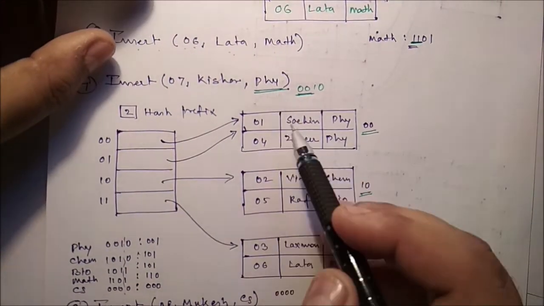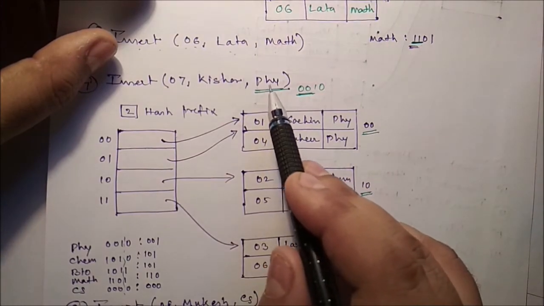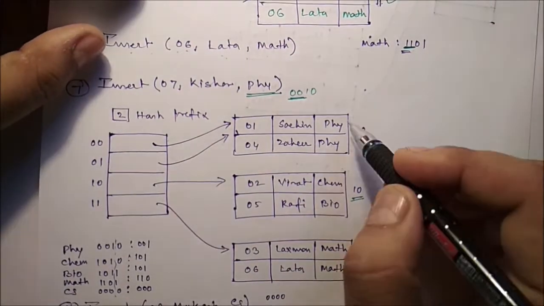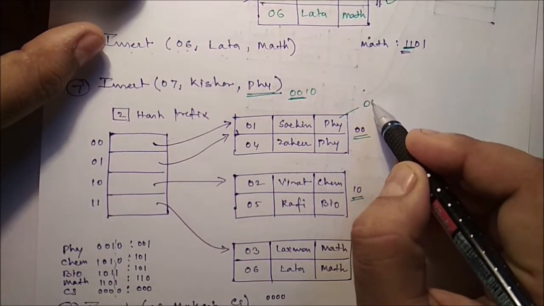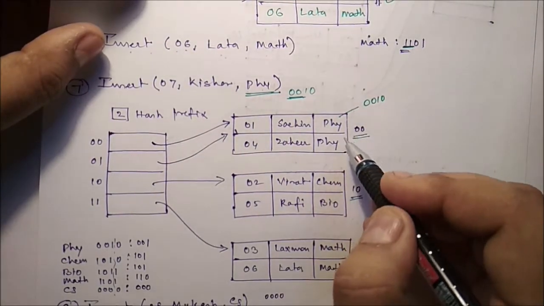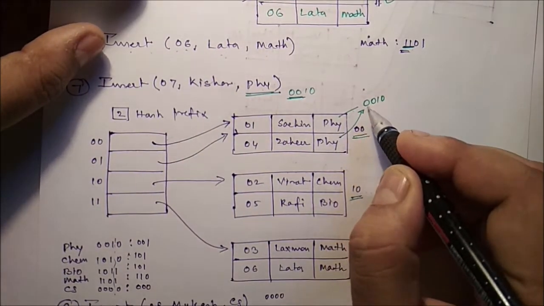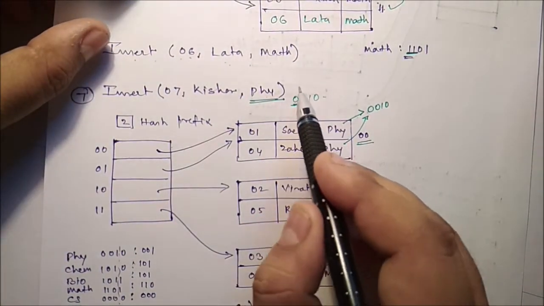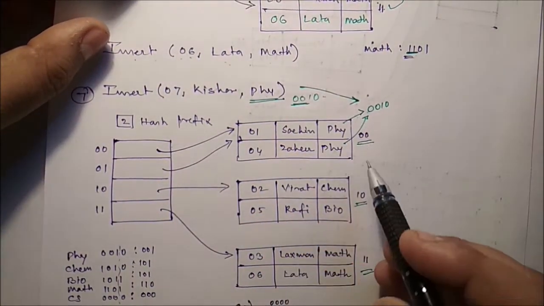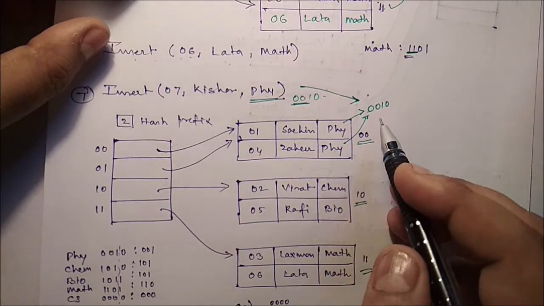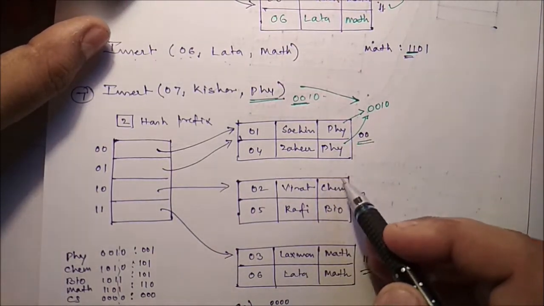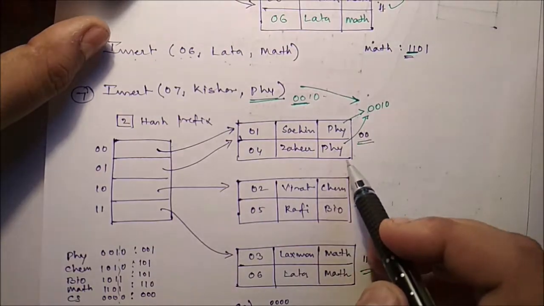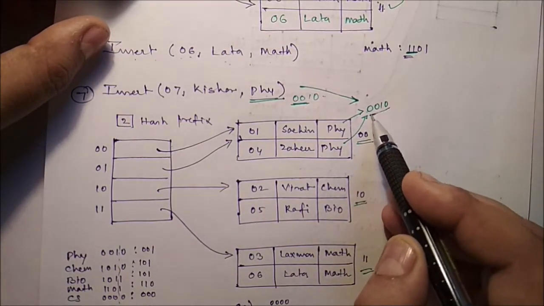But here, if you want to insert another physics, its code is 0 0 1 0, and for the new data also it is 0 0 1 0. So if you increase the bits, it will not help to insert the data, because whatever the physics record may be, every time it is the same 0 0 1 0.